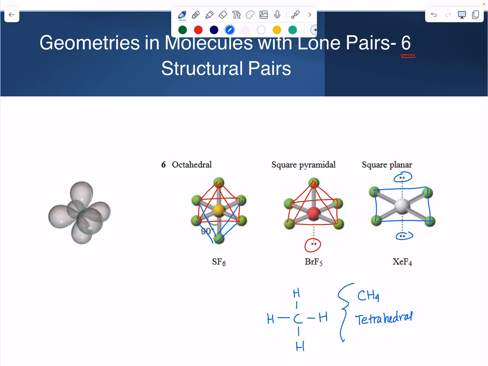But if we look at XeF4, xenon tetrafluoride, what we have is because the xenon has these two lone pairs, and it's down lower below the third row, so it can have that expanded valence, right?